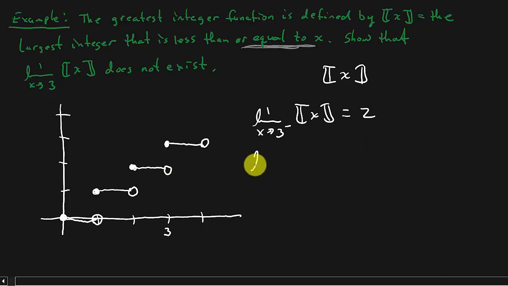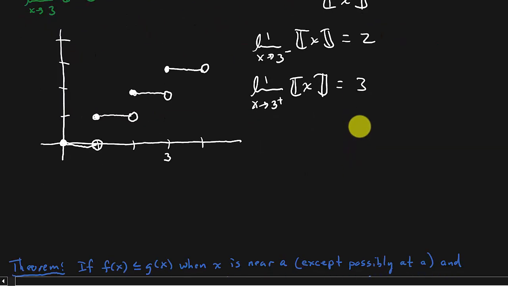And then if I take the limit as x goes to 3 from the right, all right, so if I'm coming in from the right-hand side, well, I'm up here, and it's going here, and then it goes up to here. What's the y value? That's 3. All right. So what do we have?